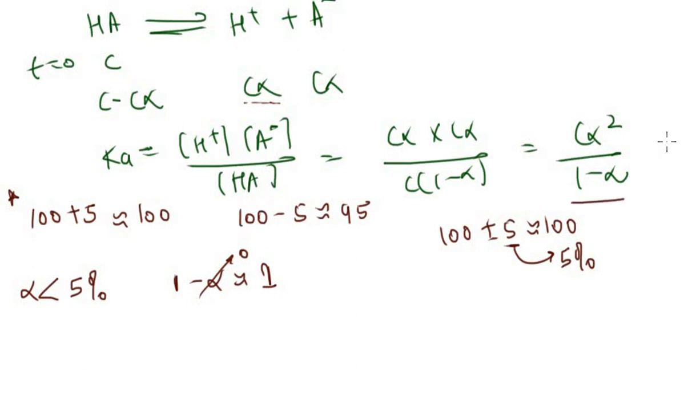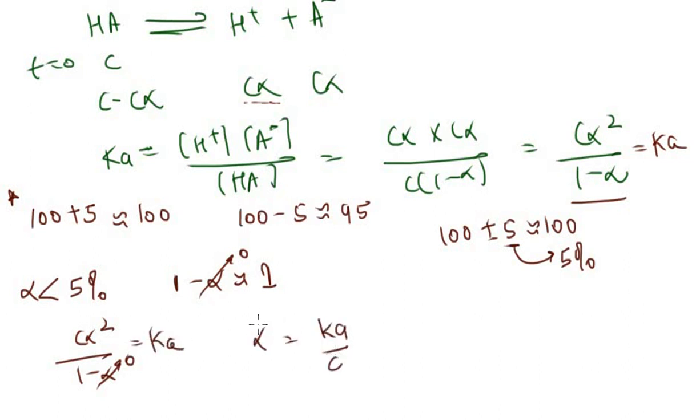In order to make this equation simple, we neglected 1 minus alpha. So Ka equals C alpha square, alpha square becomes Ka by C, so alpha becomes under root of Ka by C.